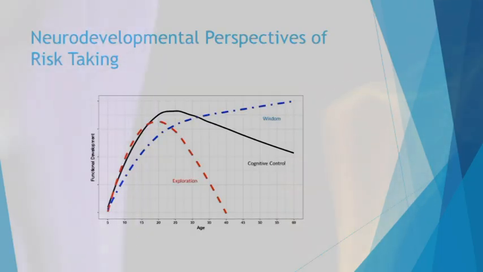Now, the other thing to be mindful of here is risk-taking behavior. Because you have that imbalance in the development of the prefrontal cortex, which involves impulse control and decision making, and you have that heightened reactivity of the limbic system, that contributes to the adolescent propensity for risk-taking behavior.